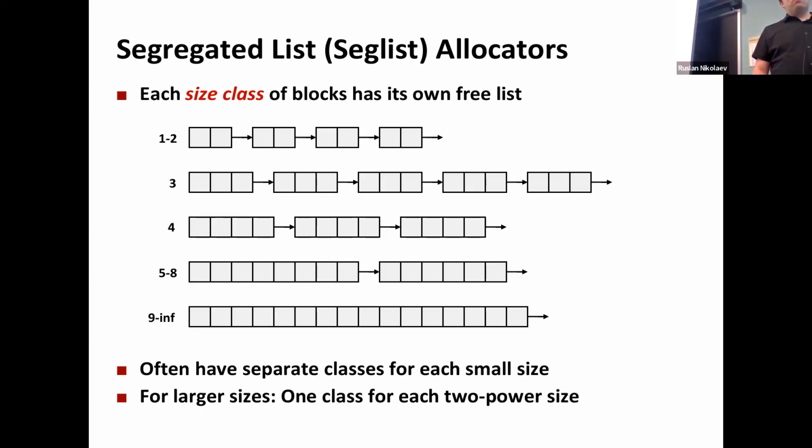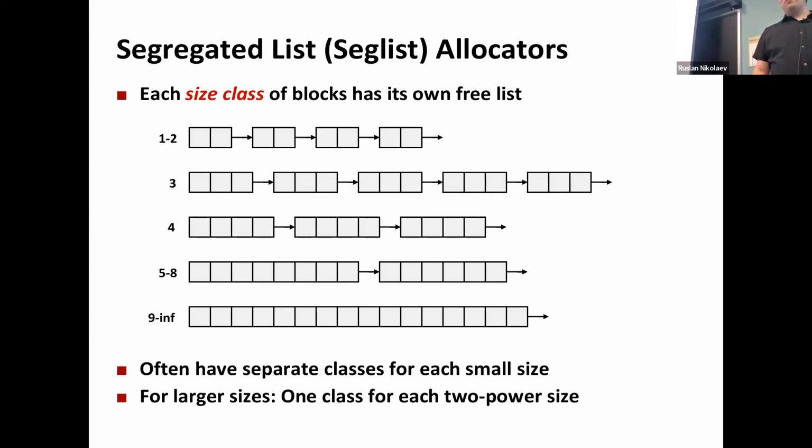That way, how many buckets will you need at most? So how much memory do you have? 2 to the power of 64. Well, you actually have less than this memory, but that's the worst case scenario in a 64-bit processor. So log 2 of 2 to the power of 64 is just 64.